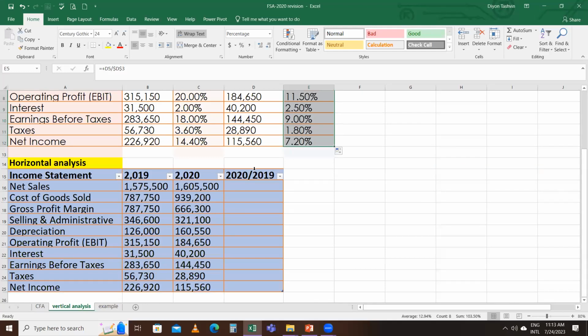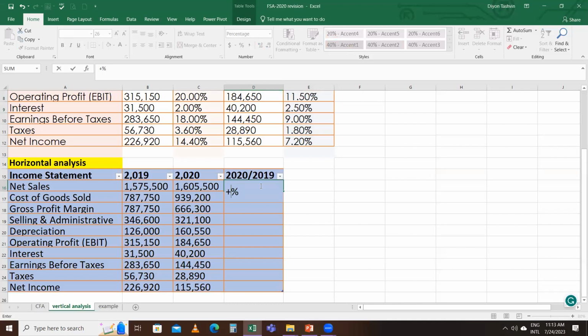Now let's see, though it is not in the question, how we are going to prepare the horizontal analysis. In the horizontal analysis, we are going to compare two different periods. So here, first we are going to take the 2020 figure. Then from that, we are going to deduct the 2019 figure, which means we are going to identify the difference in the net sales over two time periods.